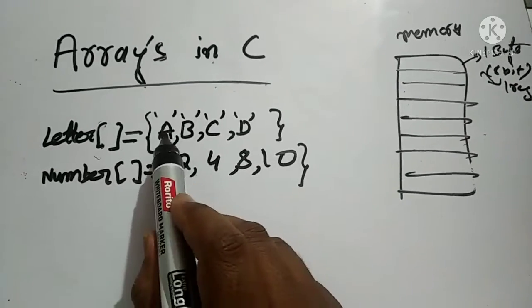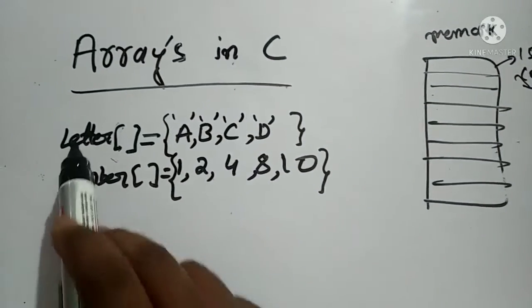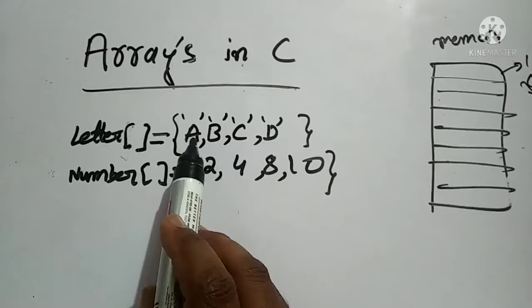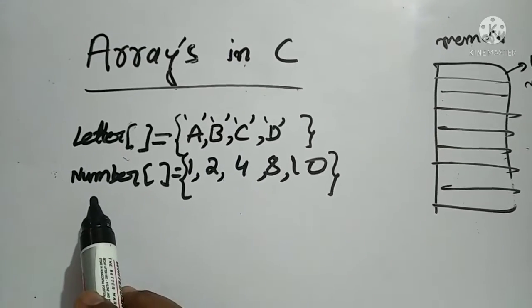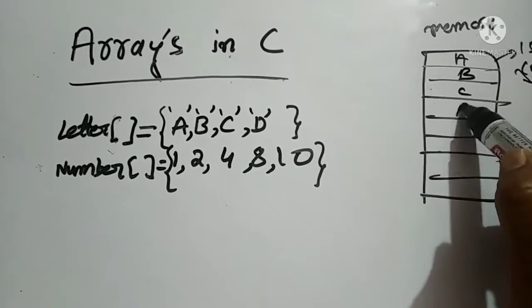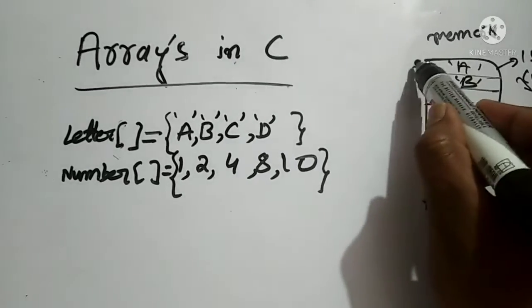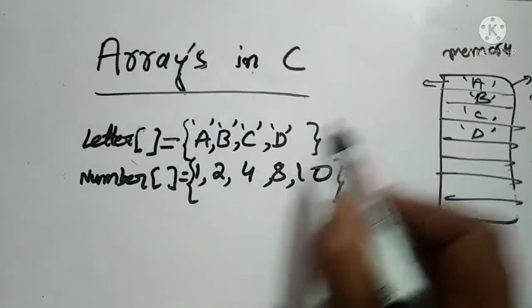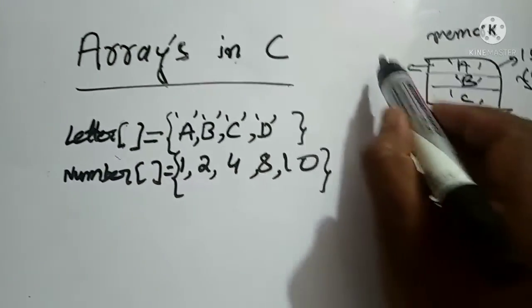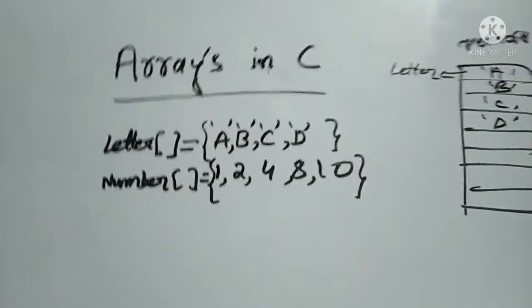Each character I am giving will be stored in memory, and the starting address will be assigned to this one. For example, A, B, C, D all will be stored in memory. The starting address of this memory location, from where my data is starting, is assigned to the variable we have given here.